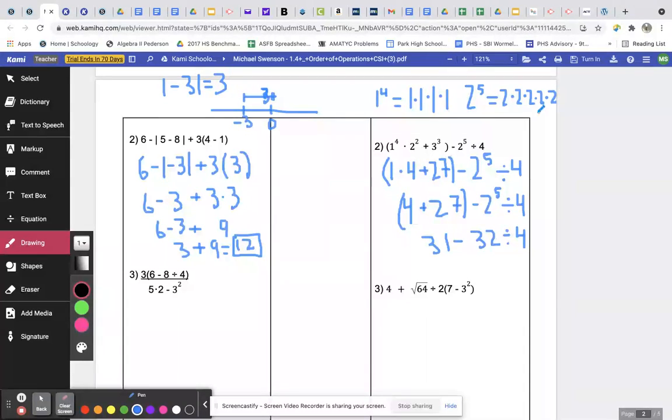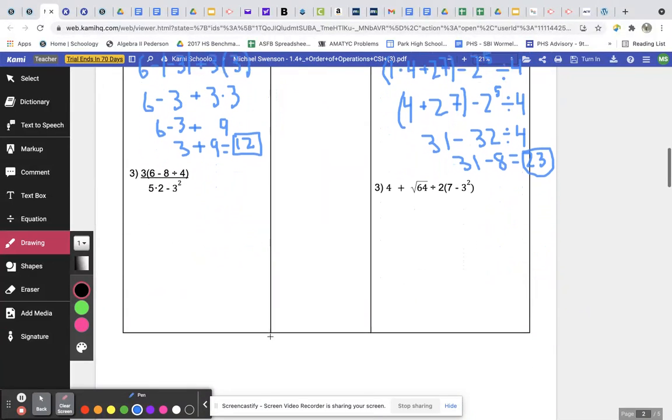And you can multiply that and get 32. Now you got a subtraction and you got a division. Well, our order of operations says we divide before we subtract. We've got 31 minus 8, and that's a 23. Okay.